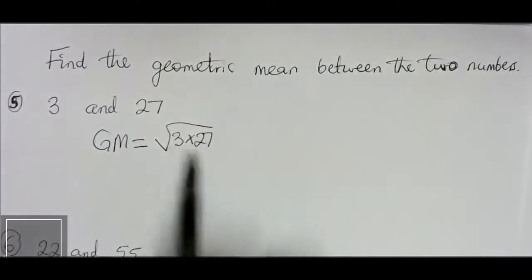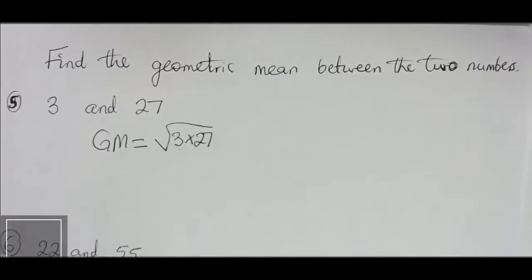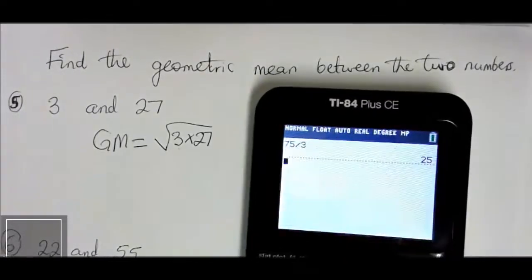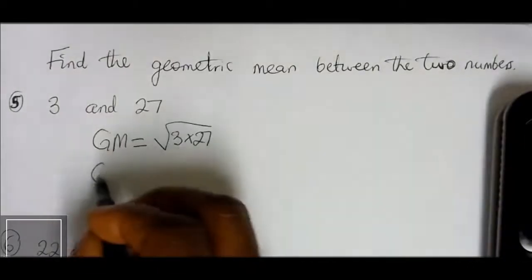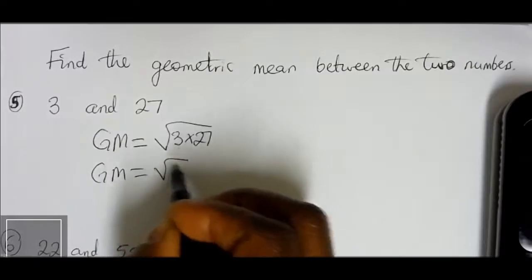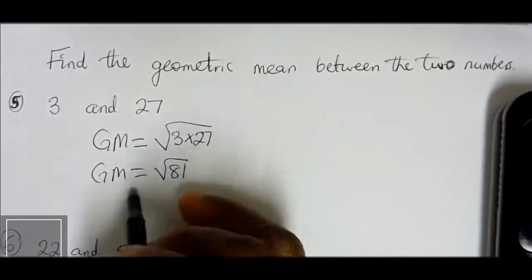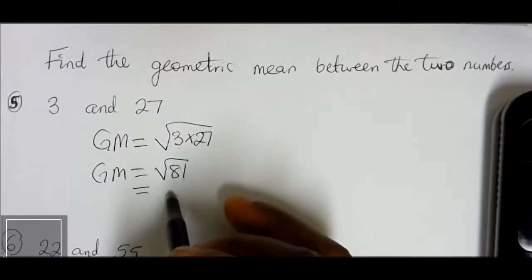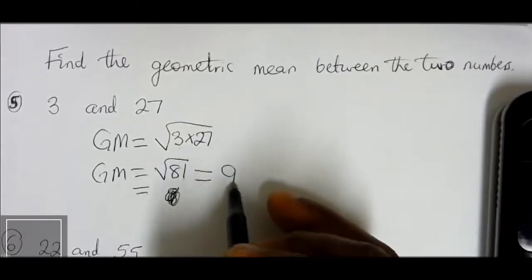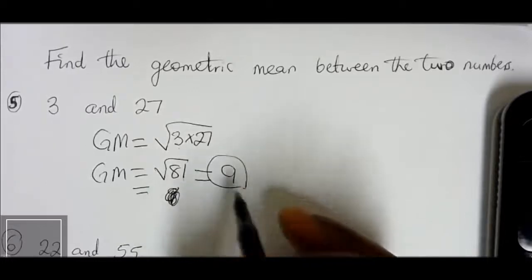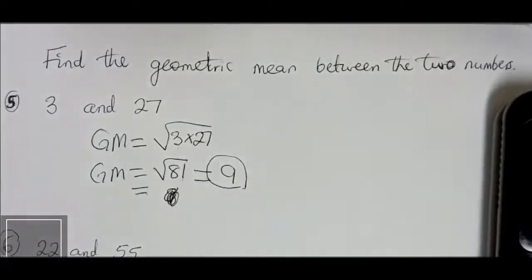None of them is a perfect square, so we just go ahead and multiply them. 3 times 27 is 81. Okay, that's good enough. So that gave us a perfect square. 81 is a perfect square because 9 times 9 is 81. So, sorry, this is 9. Okay, so that's the geometric mean.